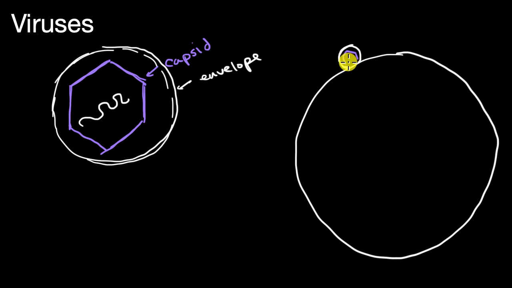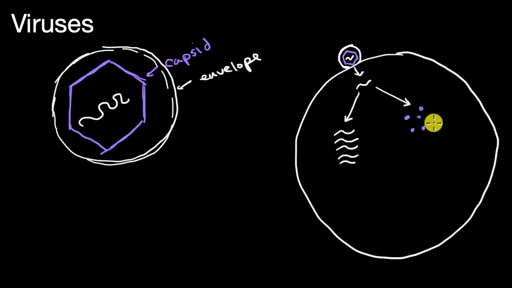And that first stage where it's really infecting it is called entry, where the genetic material from the virus is able to enter into the cell. Now, at that point, you have something called replication, where the virus is able to hijack the cellular machinery in order to replicate not just the genetic material, let's assume that this is DNA, but it could have been RNA as well, but also the material that makes up the capsid.